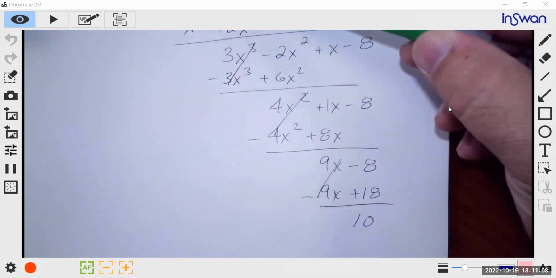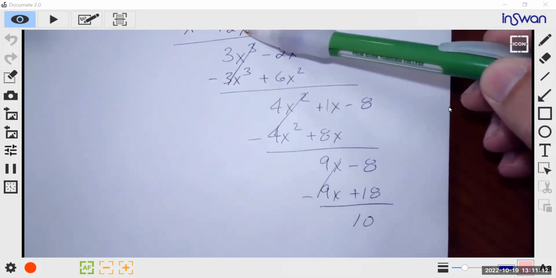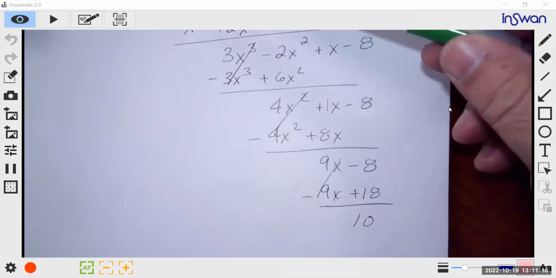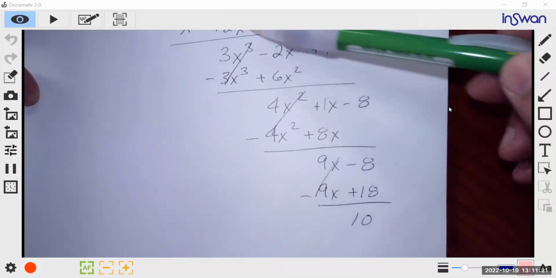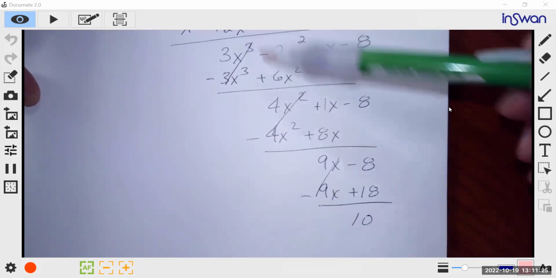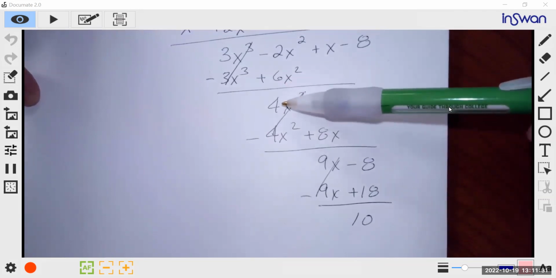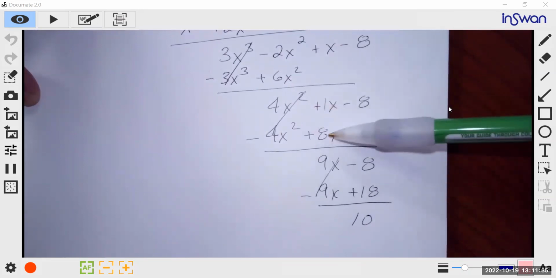That's plus. X cubed. Plus 6x squared. Four. 8.